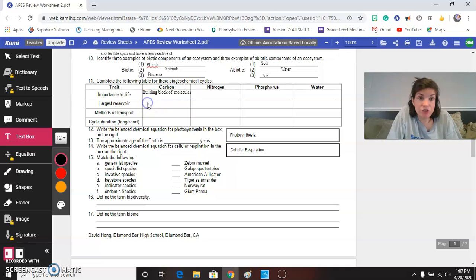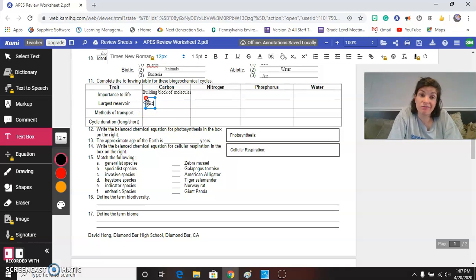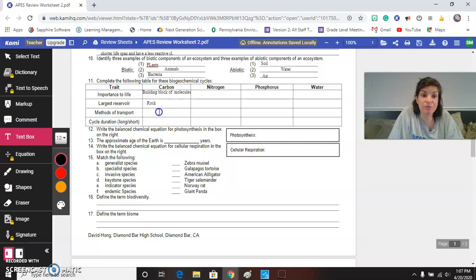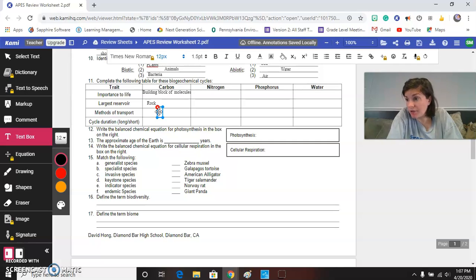The largest reservoir is going to be in rock. Methods of transport are going to be gas, sediments, fossil fuels.